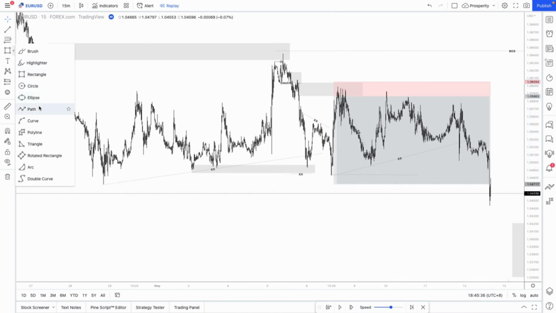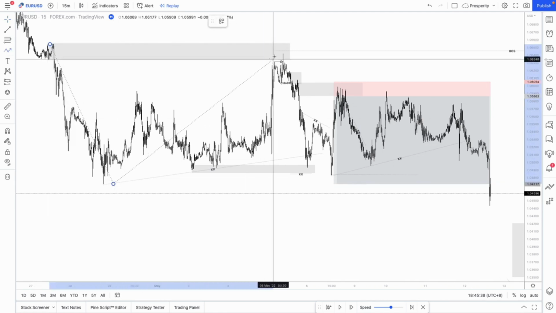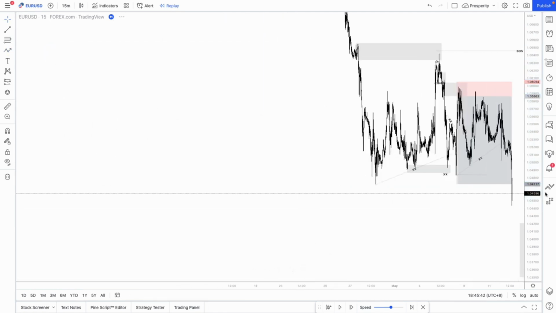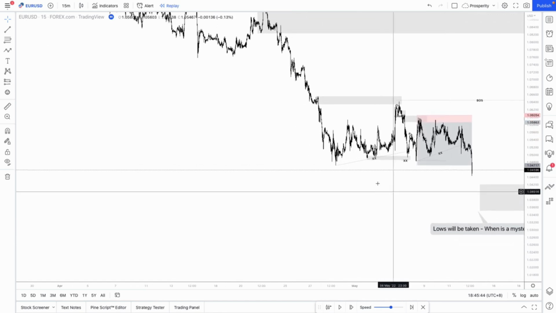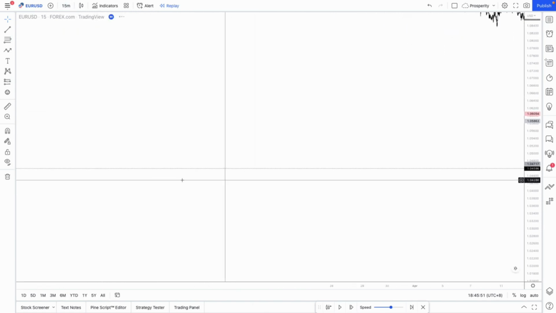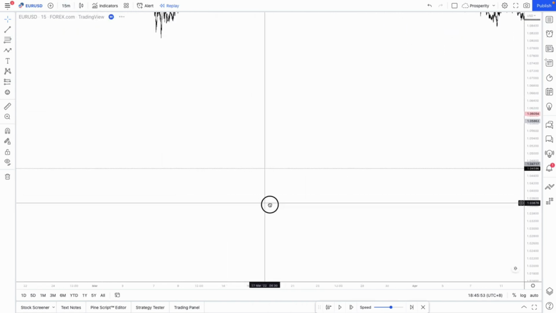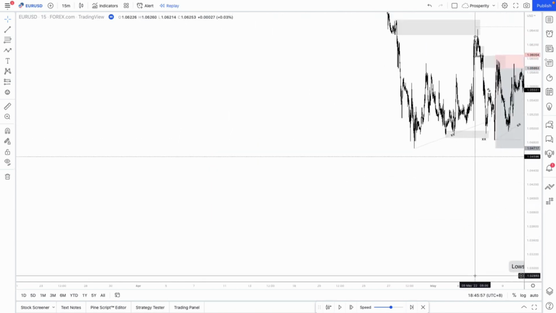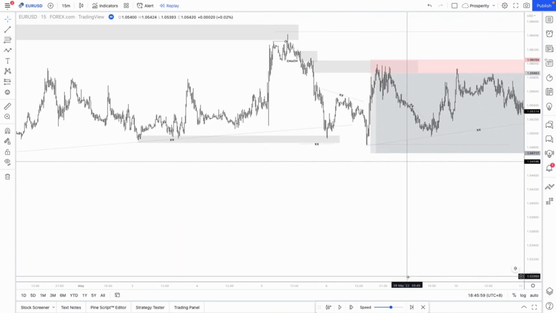Essentially the flow of orders from the institutions are flowing to the downside. And if I was to go to, let's say, a higher time frame for whatever reason, on the daily, for example, we would understand that there are lows down here, right across here on the daily time frame that are being mitigated or taken out, etc. So it's really understanding the fractal nature of the market and, more importantly, order flow.